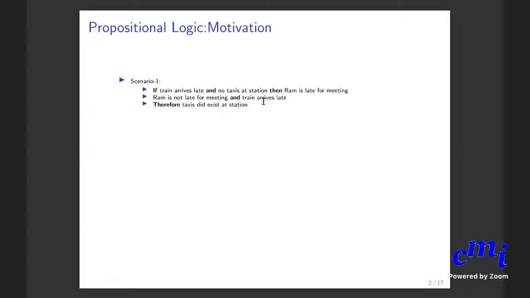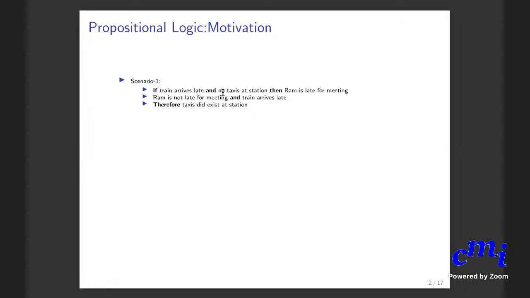Since the train arrives late, if taxis did not exist at the station, together with the fact that the train arrives late, the first assertion makes Ram late for the meeting.